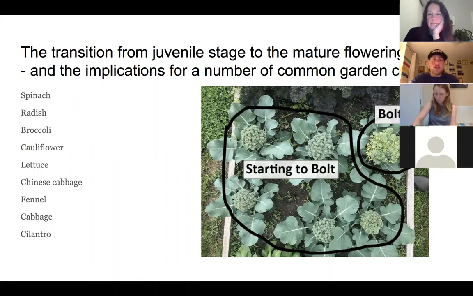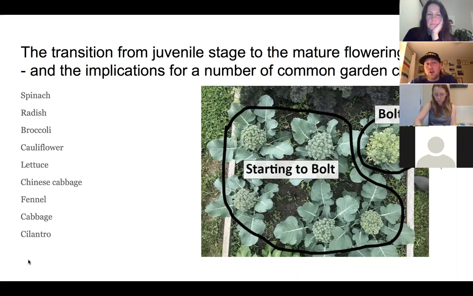I think the mistake that new gardeners make is they don't understand life cycles of plants, and they don't look for these signs of how the plants move from one stage to the other. If we talk specifically about spinach, obviously we grow spinach for its leaves, not its flowers.